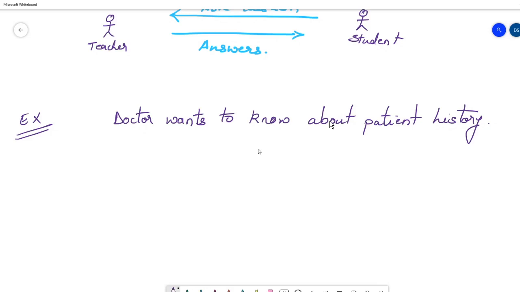Here the doctor would request patient data or information, and in return will get an answer.